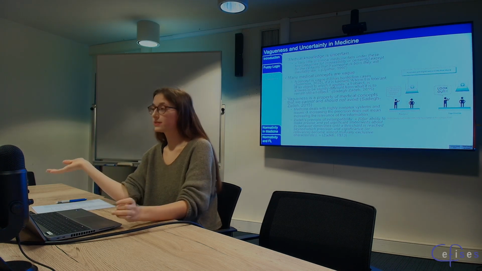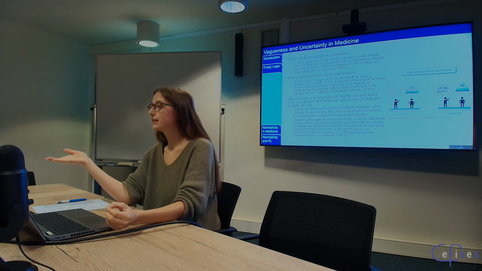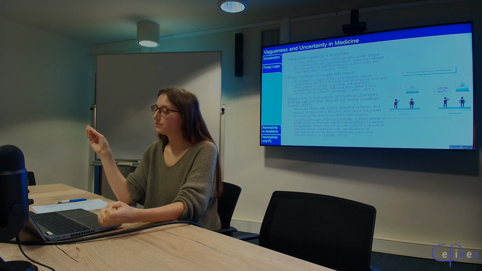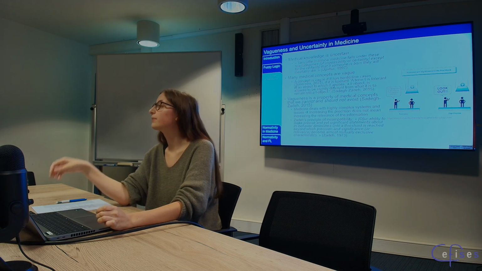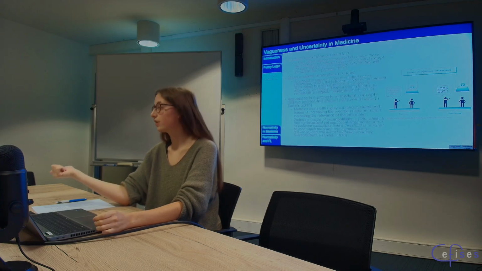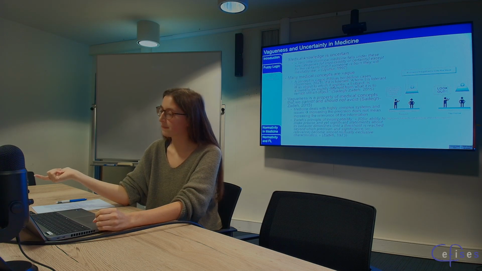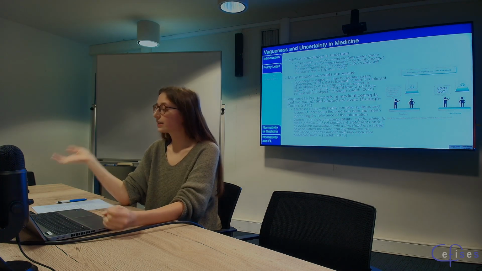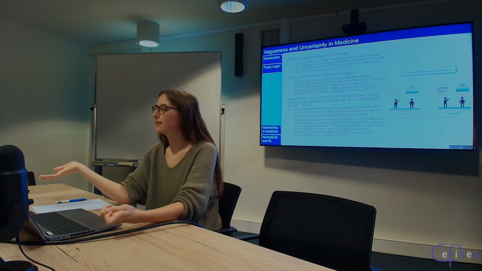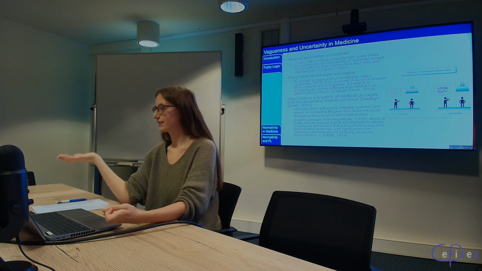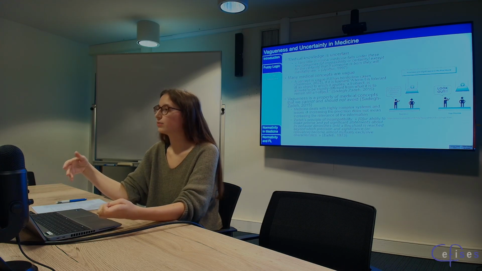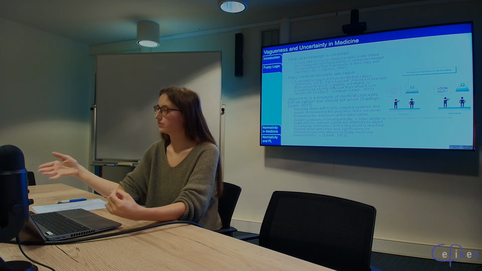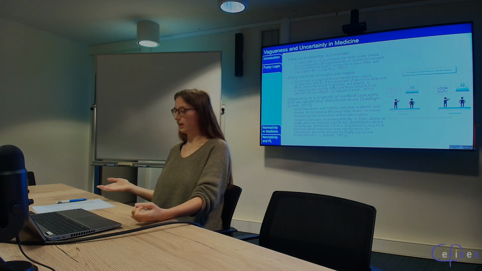Vagueness is a property of medical concepts, but it can be seen as a bad thing. I defend that vagueness of medical concepts is something that we cannot and we should not avoid. We cannot avoid it because medicine deals with highly complex systems and highly complex issues, and we are not able to be more precise for everything.